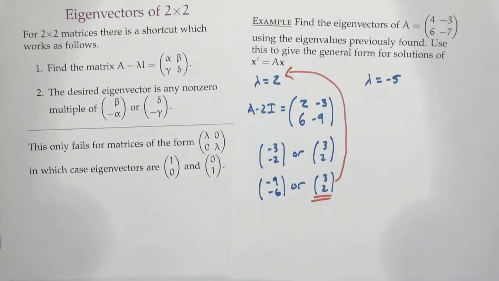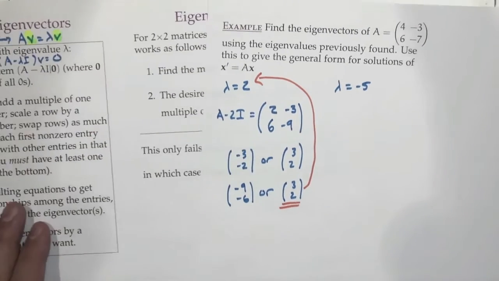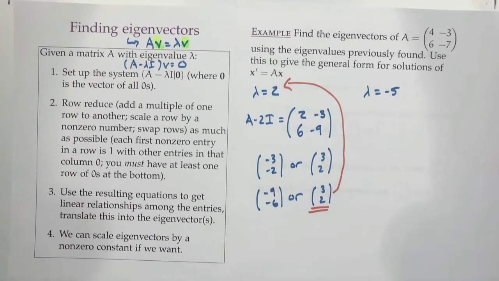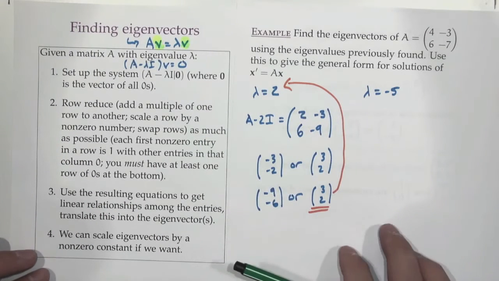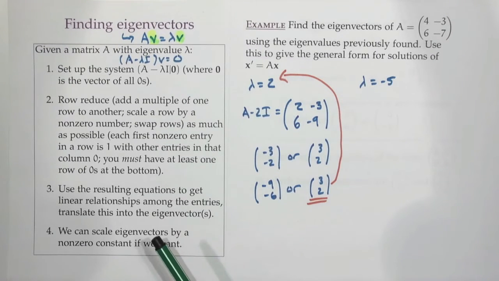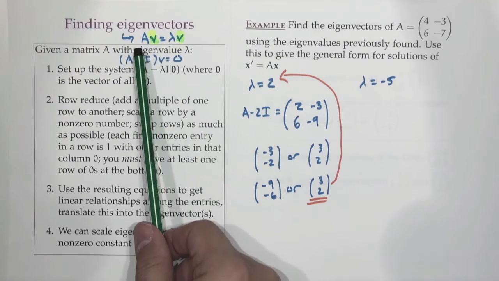Plug it in. How do I plug it in to verify? What's a special relationship that eigenvectors have? If it helps, I'll move this over. If it helps, I'll start pointing to it.